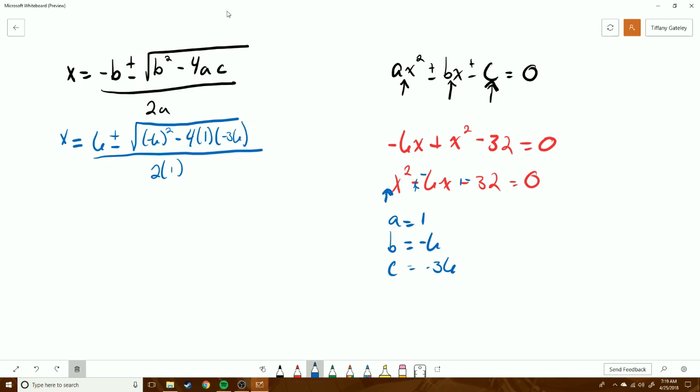This is so that you don't forget to put parentheses when you're entering it in your calculator. Let's do it in red. Negative 6 squared does not equal, open parentheses, negative 6, close parentheses squared. They don't equal each other. This is because the first one is telling your calculator to do the opposite of 6 squared.